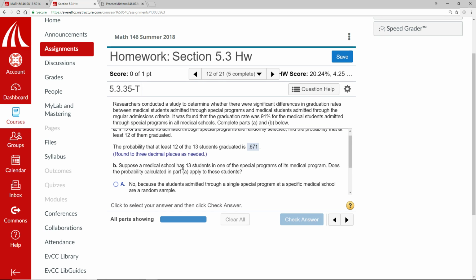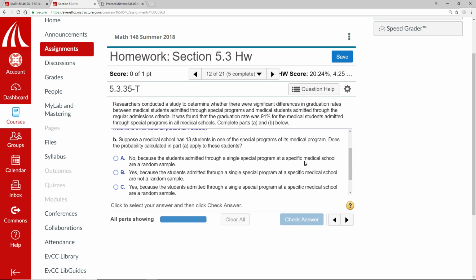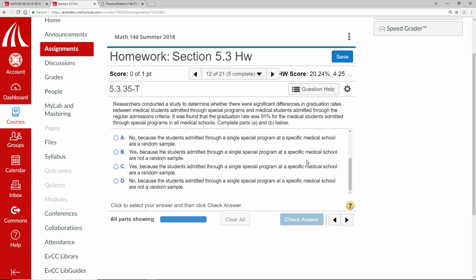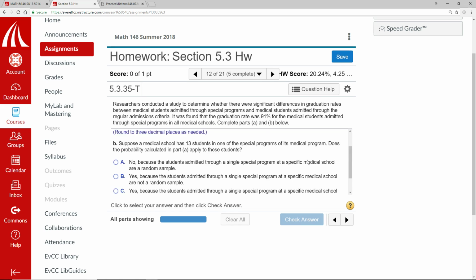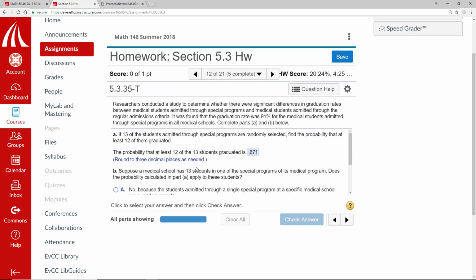Suppose a medical school has 13 students in one of the special programs. Does the probability calculated in Part A apply to these students? Well, this is more of a technical question.